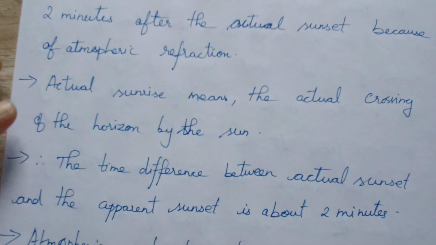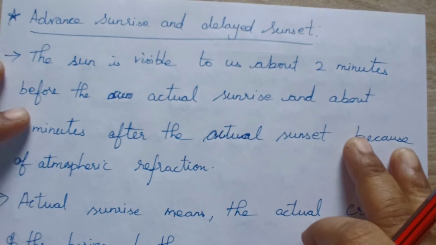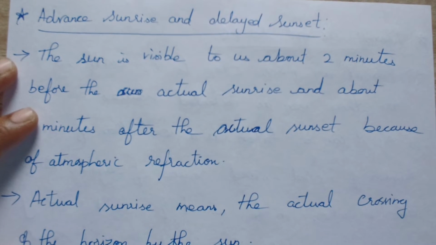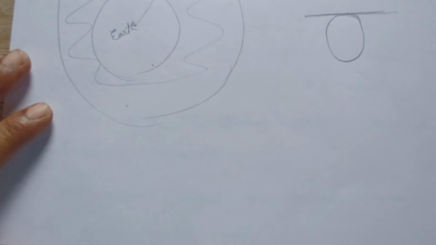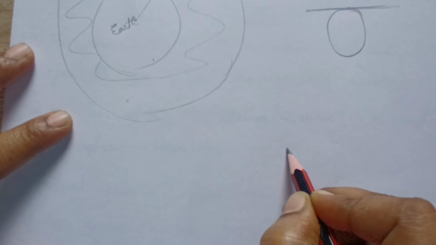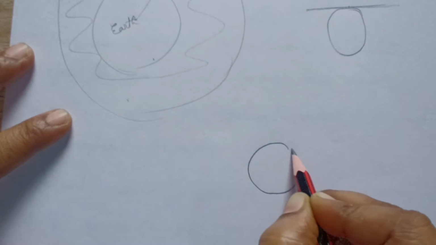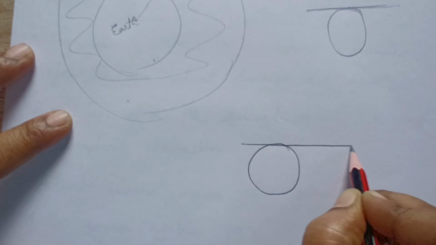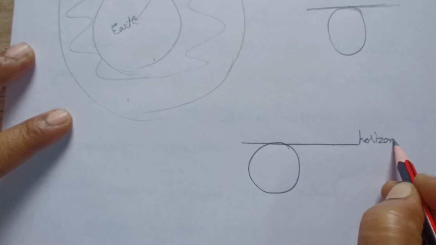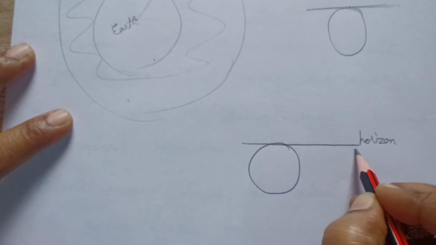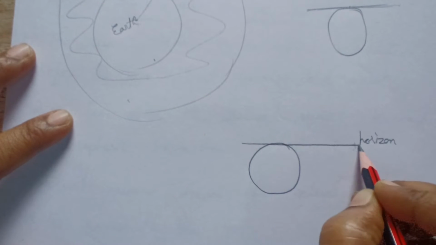Next is advanced sunrise and delayed sunset. Your earth is here, and sunrise means when the sun crosses this horizon.